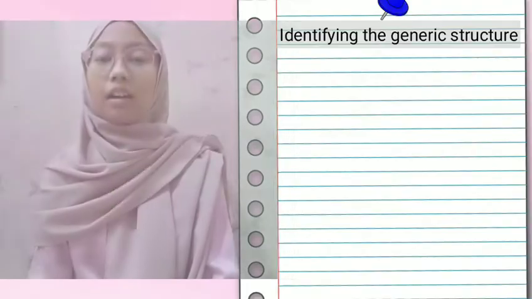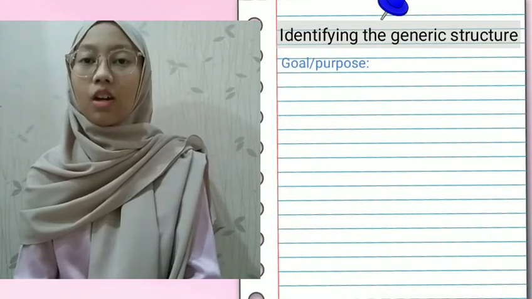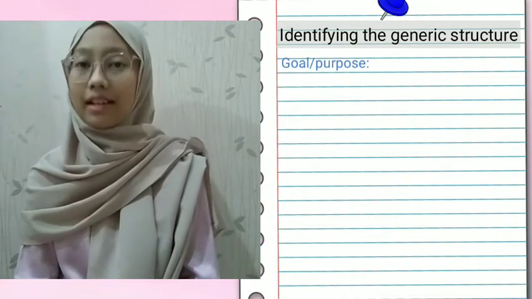And now let's identify the generic structure of the previous procedure text. The first is goal or purpose. What is the purpose of the text?